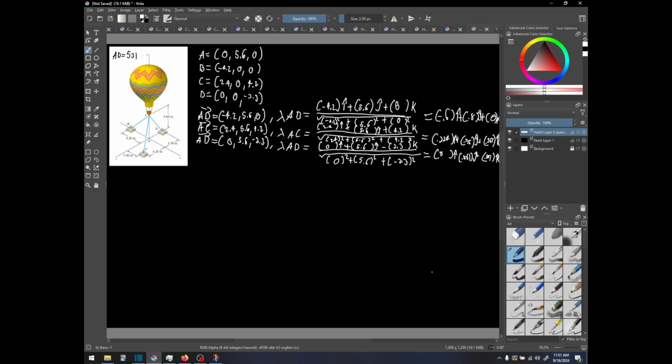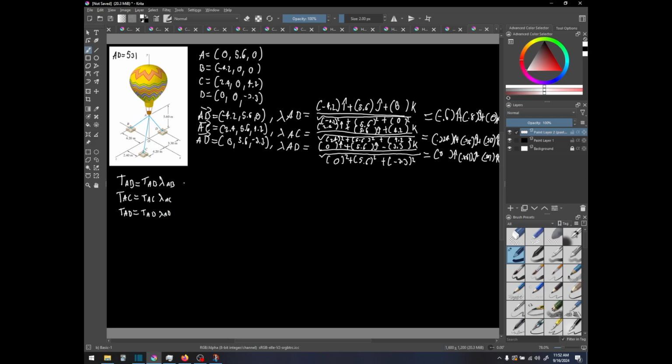Same thing with the last problem. Tension in AB, tension in AC, tension in AD equals tension AB, tension AC, tension AD, times lambda AB, lambda AC, and lambda AD.